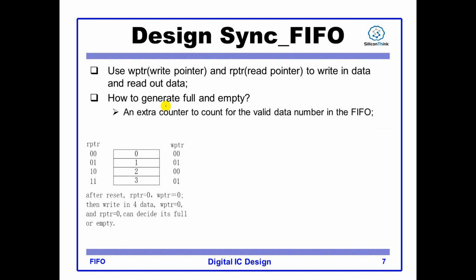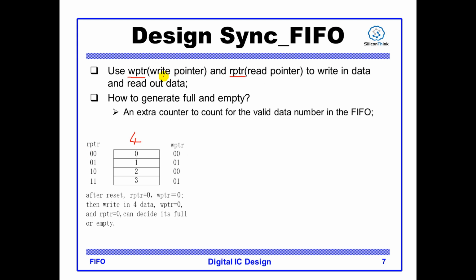Okay, let's think about how to design a synchronous FIFO. For example, if we want to design a synchronous FIFO of 4 depths, how to design it? First, you must have 2 pointers. Yes, the write pointer and the read pointer.